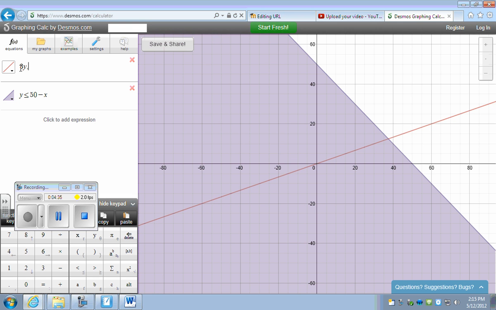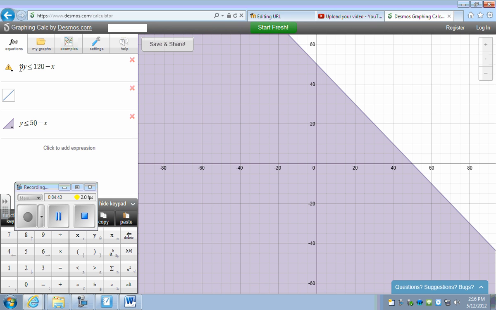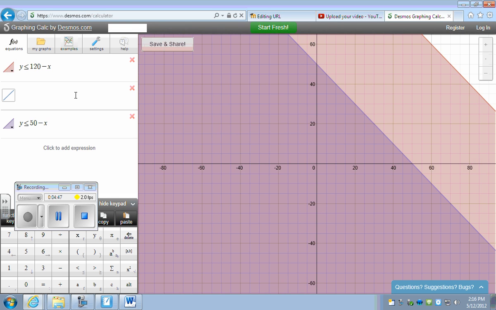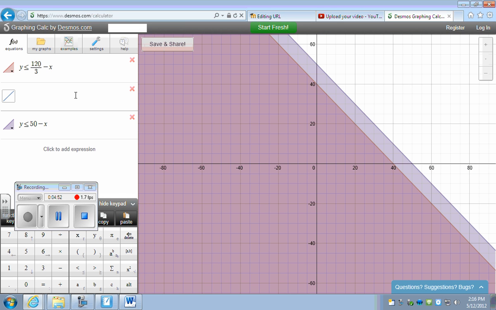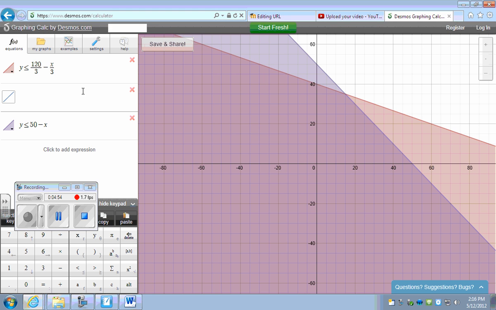Did it like that? No, it didn't like that. I think I have to divide by 3. So I'm going to go 120 divided by 3, and x divided by 3. Okay, so here you can see it graphed both of these inequalities.